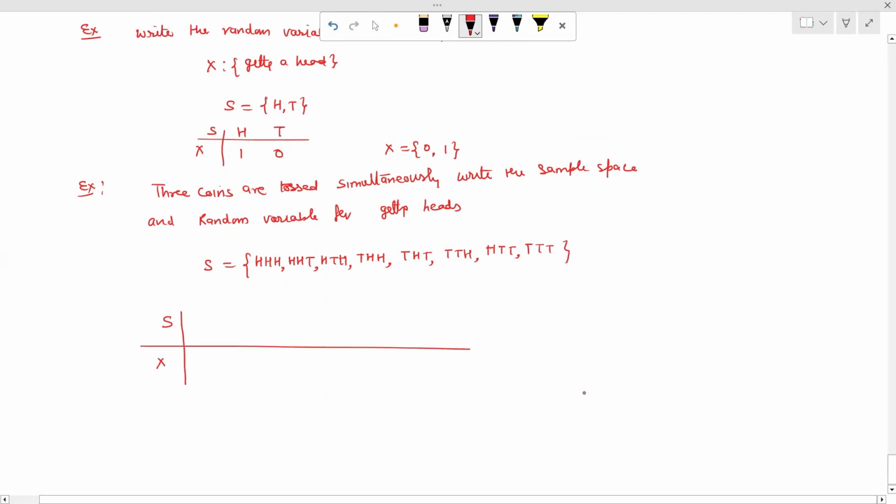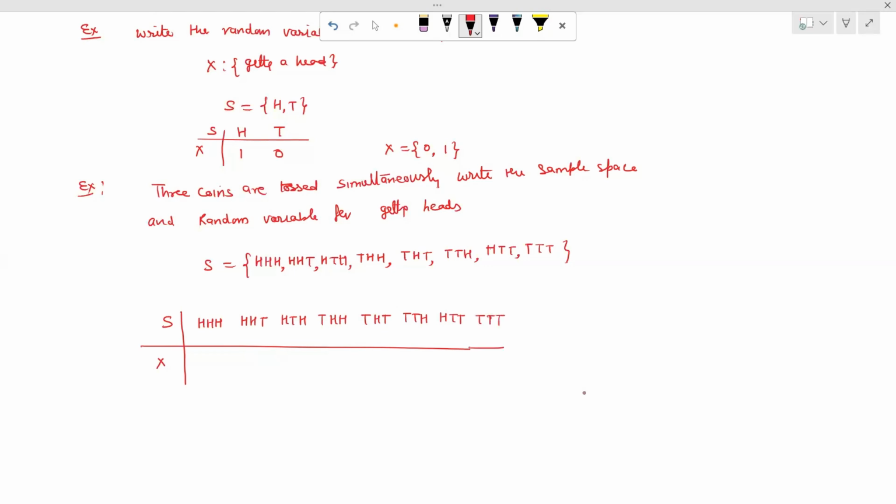Now on the basis of X, write down the random variable. So all three are head, head, head, or tail, head, tail, head, tail, head, head, tail, head, tail, tail, tail, head, head, tail, tail, tail, and tail. So getting a head, that means we are getting three heads.